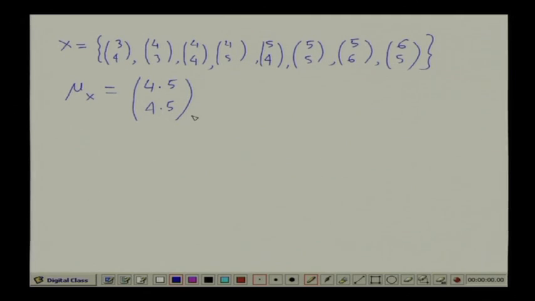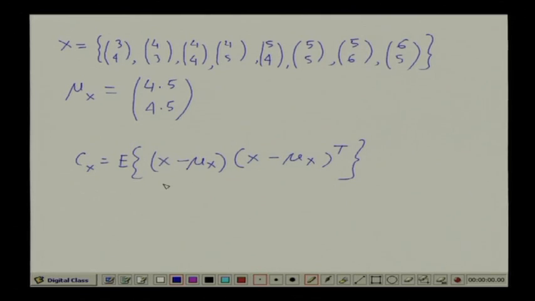Once we have the mean vector, we can go for computing the covariance matrix. The covariance matrix C x was defined as the expectation value of x minus mu x into x minus mu x transpose.